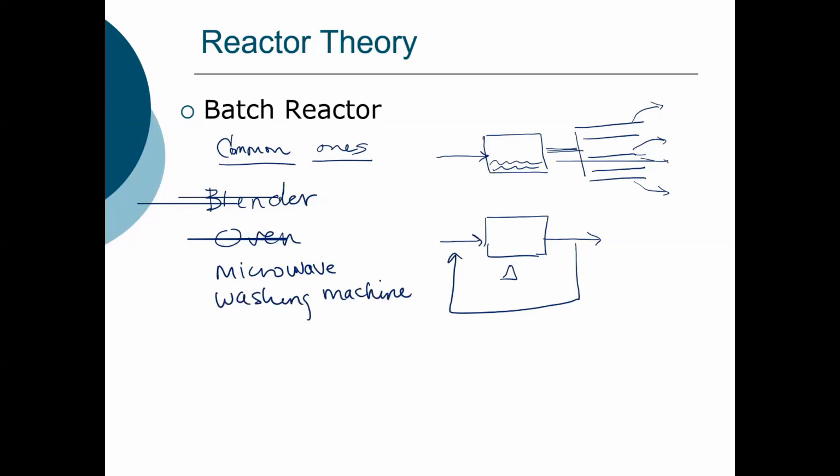So basically think about a batch reactor as some sort of a system. You add whatever chemicals, and we can think about the blender making a smoothie. We add the ice cream, the strawberries, some ice.